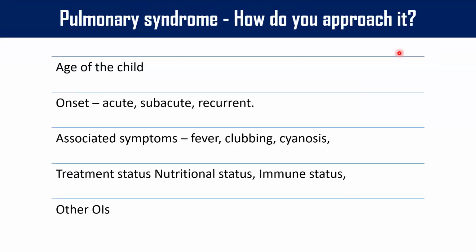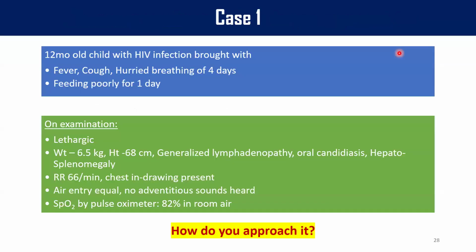So the approach will depend on the age of the child, whether it is an acute, subacute, or recurrent onset, associated symptoms like fever, clubbing, and cyanosis, and the treatment status, especially ART, nutritional status, immune status, and otherwise.